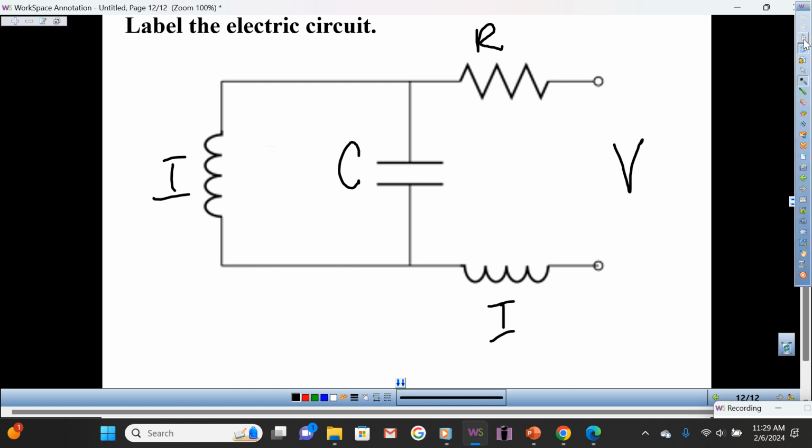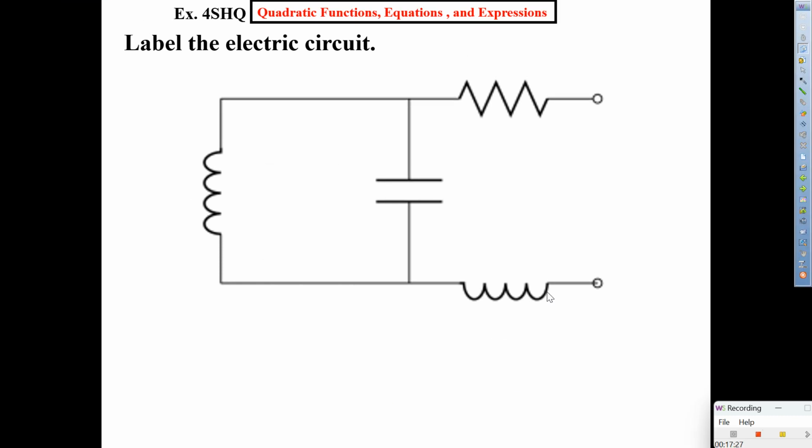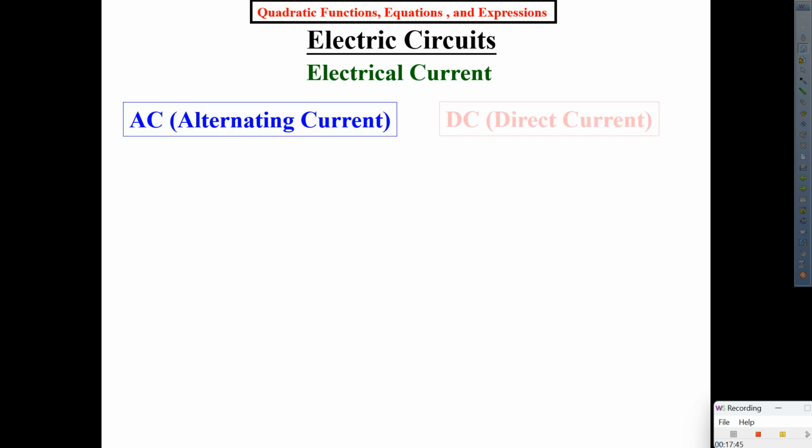So, with that said, here goes a quick intro to electronics. Put your utensils down, look up to the screen. In electronics, we have current. What does that mean, Mr. Q? Electricity. There's two types. There's alternating current, and there is direct current.